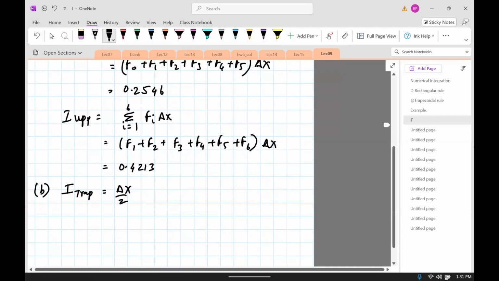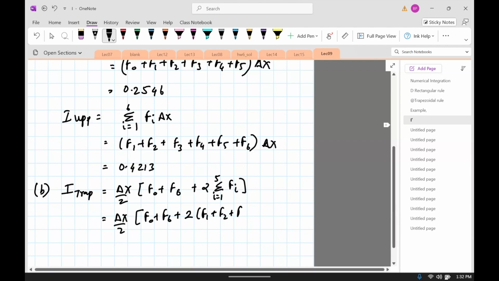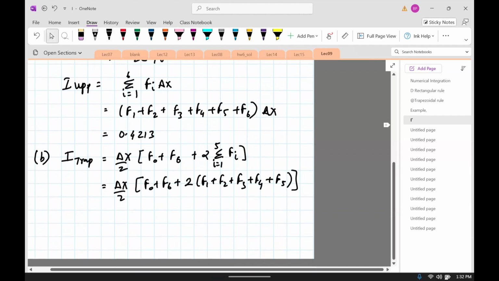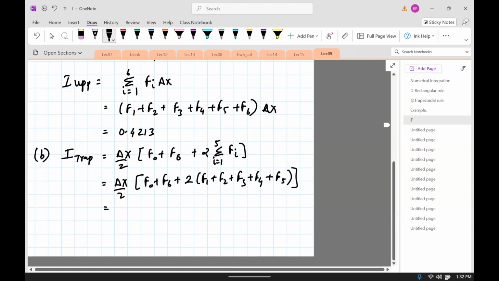So that would be delta x divided by 2, f0 plus f6 plus 2 times f1, f2, f3, f4, f5. Okay, so I'll just write it down from what I got. I got 0.3380.